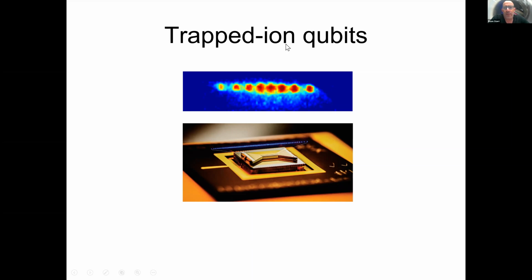This is the technology that I use in my lab, the technology of trapped ion qubits. What you see here are 8 trapped ions. They actually hover in mid-nothing. They hover in space, in vacuum. They're held by electric fields, and these electric fields are generated by electrodes that are fabricated on a chip. So like regular computers, we use chips.